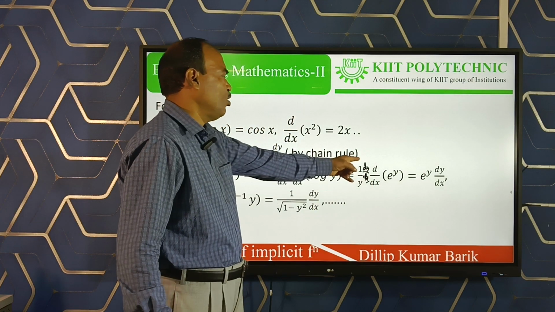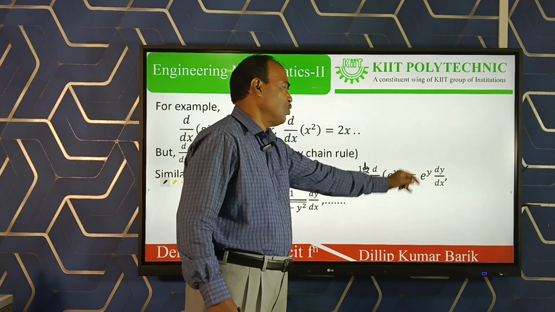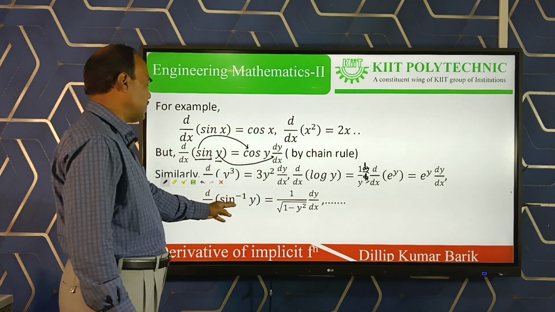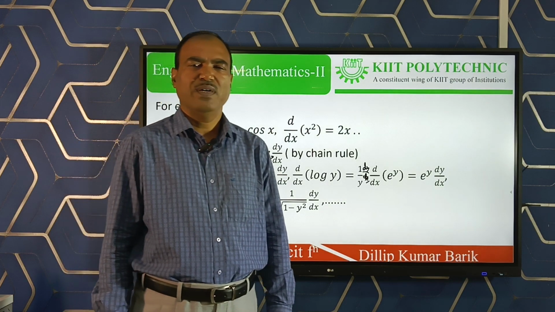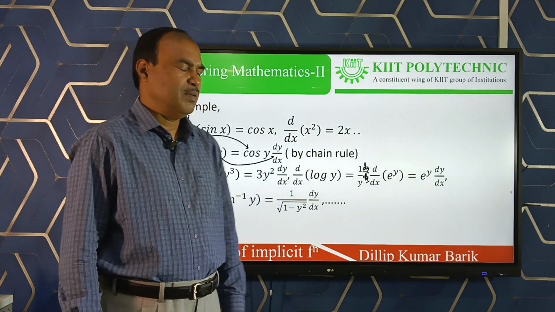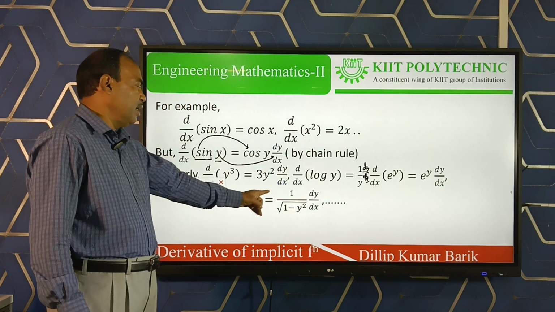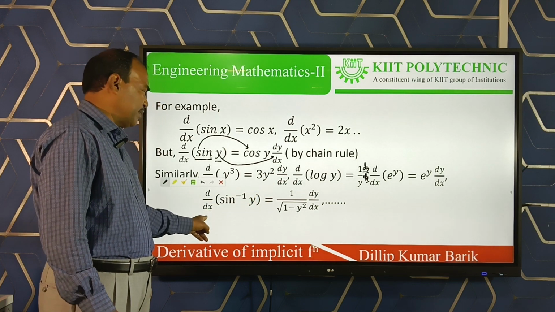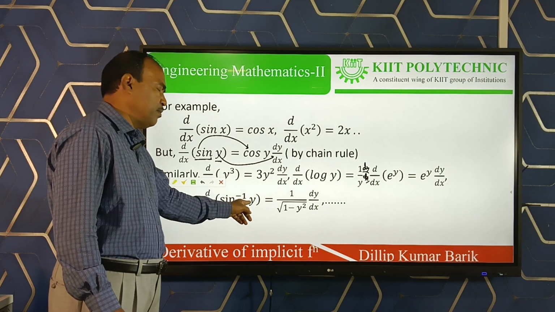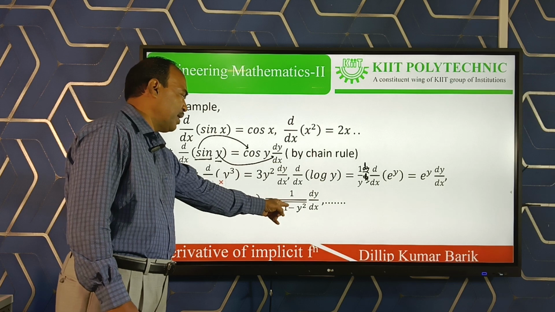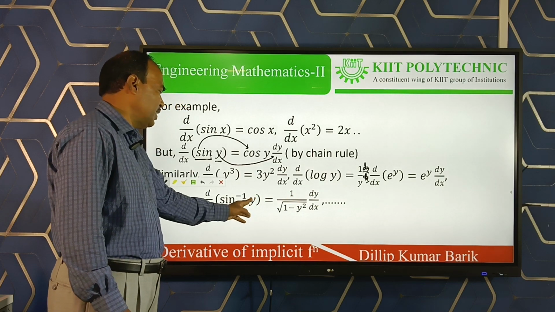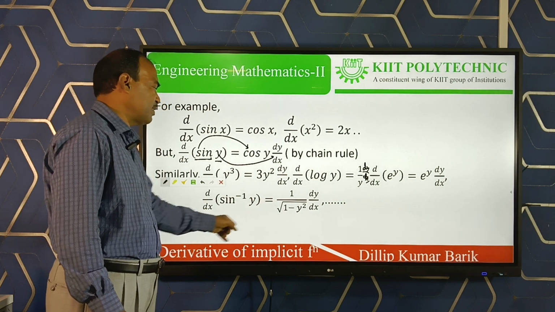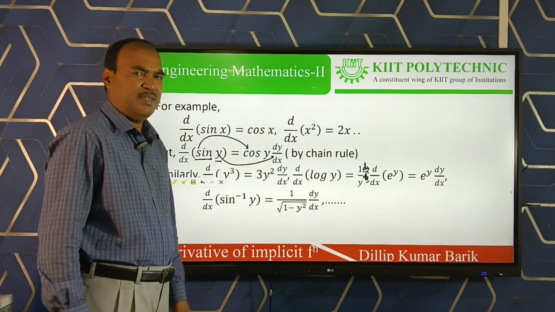Similarly, the derivative of e to the power y is e to the power y into dy by dx. Or the derivative of sin inverse y: like the derivative of sin inverse x is 1 by square root of 1 minus x square. Similarly, the derivative of sin inverse y with respect to x: first, the derivative of sin inverse y is 1 by square root of 1 minus y square, into, since y is present with respect to x, its partner is dy by dx.